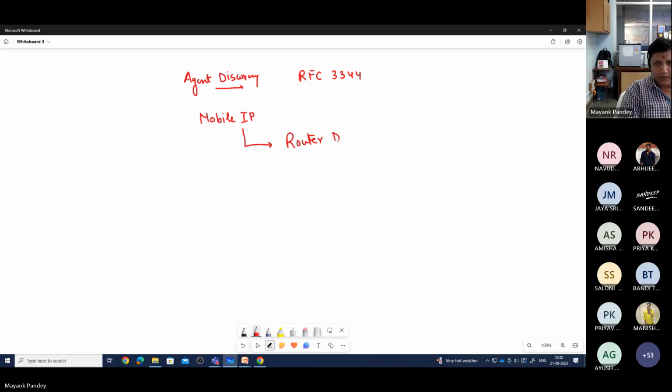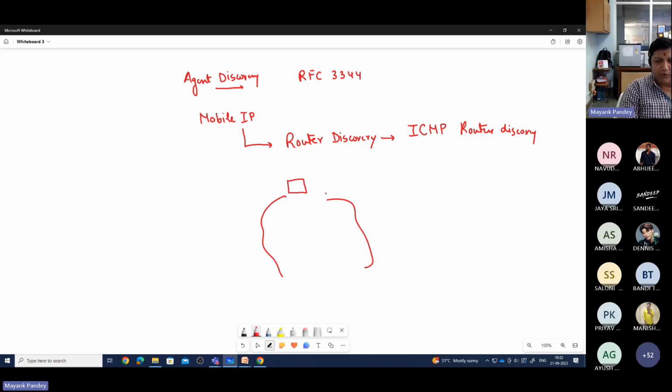Now, what mobile IP is doing for agent discovery: there is already a router discovery method, the ICMP router discovery, which I explained in the previous course, computer networks. What is ICMP router discovery? For any subnet, how can anybody know who is the router of this particular network, who can forward the data?